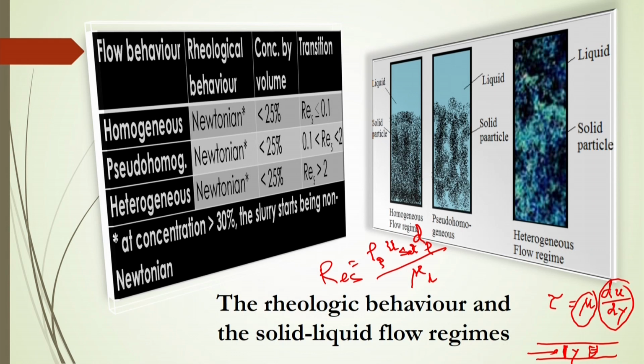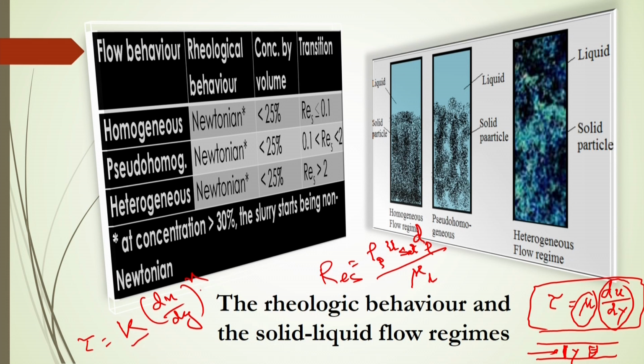Now, if it is directly related, that means it is Newtonian. This type of relationship is obtained for fluids like water, so it is called a Newtonian fluid. If it is not directly related to the shear rate, then tau is related like k into (du by dy) to the power n, that is a non-linear relationship, and this k and n give you the tendency of the behavior of the fluid.